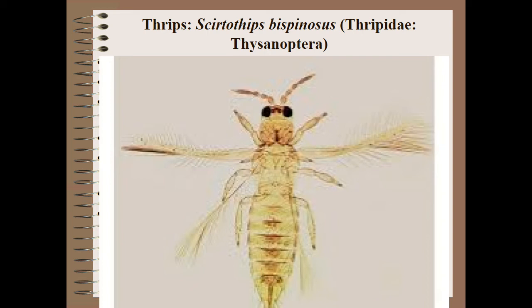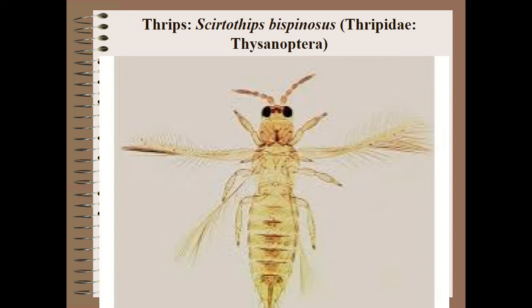Next one is thrips, Scirtothrips bispinosus, Thripidae, Thysanoptera. Here thrips lacerate the leaf tissue and suck the oozing sap. The laceration appears as brownish irregular streaks or silvery patches on the leaf surface, and infested leaves become distorted, crinkled, or mottled.